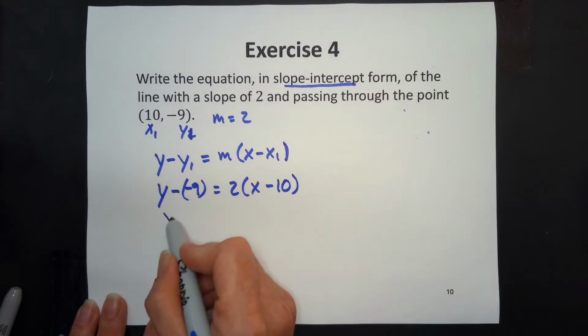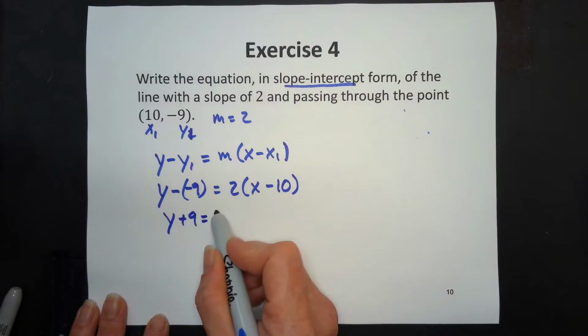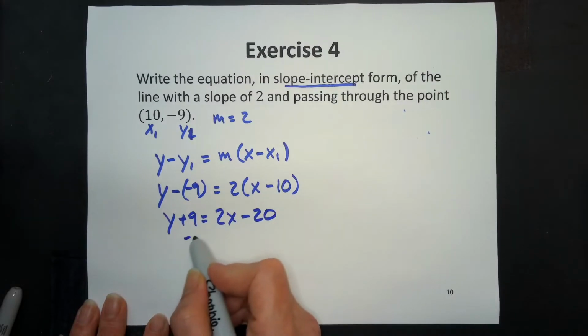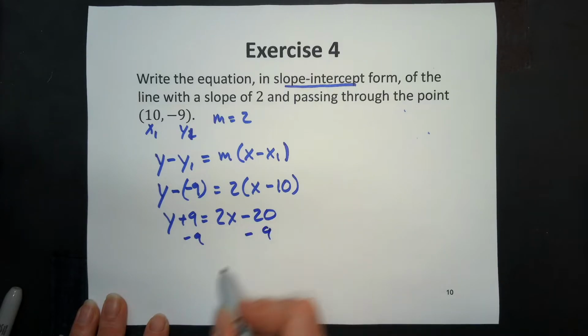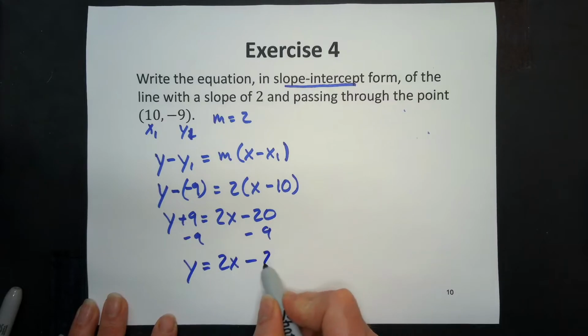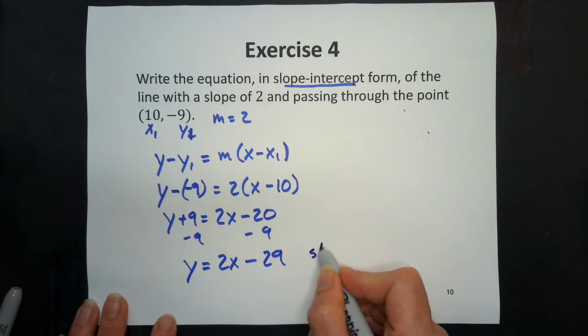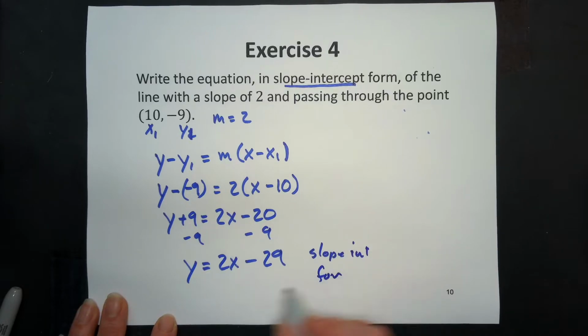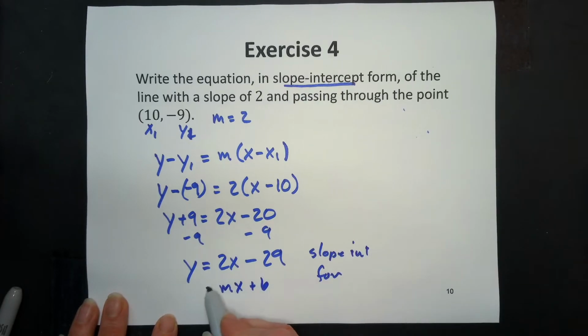So now I'm going to have y plus 9 equals 2x minus 20. And I'm going to subtract 9 from both sides. I have y equals 2x minus 29. And that's the equation in slope-intercept form, because I have my mx plus b, with b being -29.